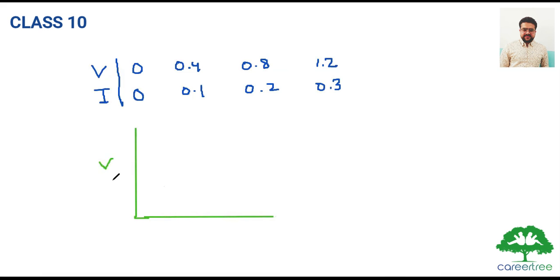Taking potential difference on the y-axis and current on the x-axis. Let's suppose current is given the unit as ampere and potential difference is given in the unit as volt. Now, when I start plotting these with different x and y coordinates, V being on the y-axis and I being on the x-axis, I would get a graph which is a linear line.